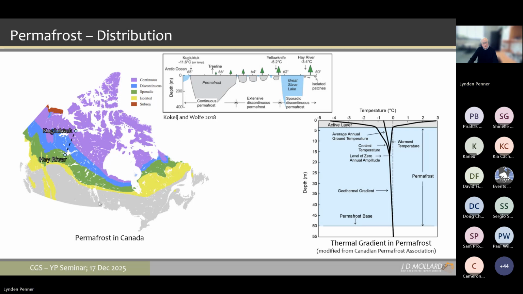So depending where you are in the country, this is a good resource to get an initial idea of the likelihood of encountering permafrost within a particular study area.